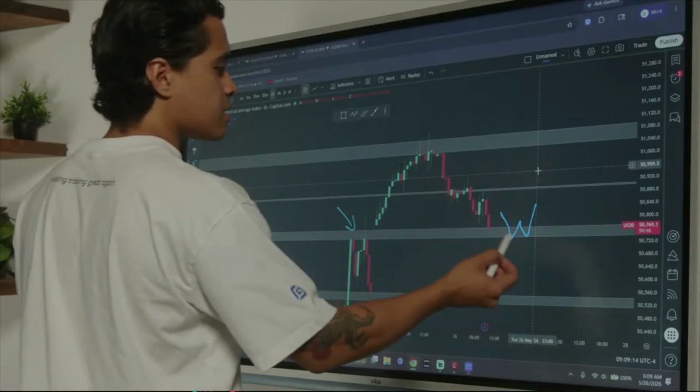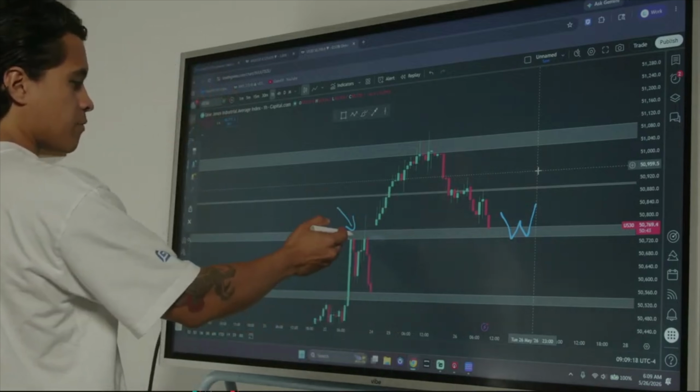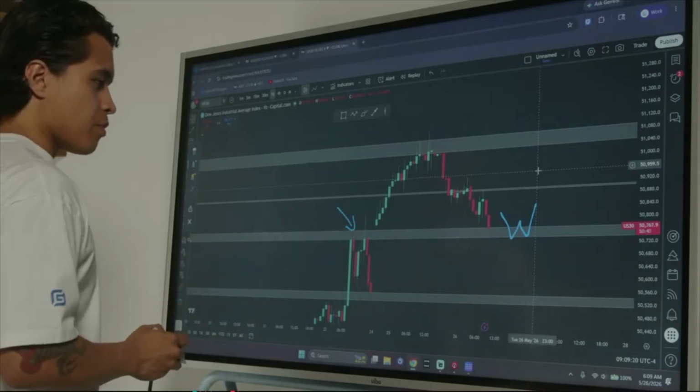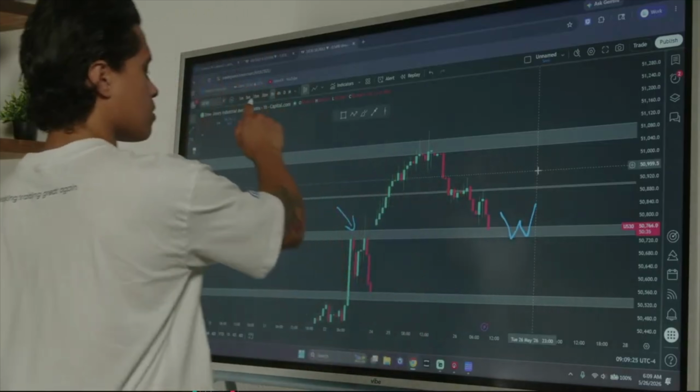If we can reject this area, then what we're doing is retesting a previous area of resistance or a previous structure point. We could possibly be making our support, and we'll see that on the lower time frames.